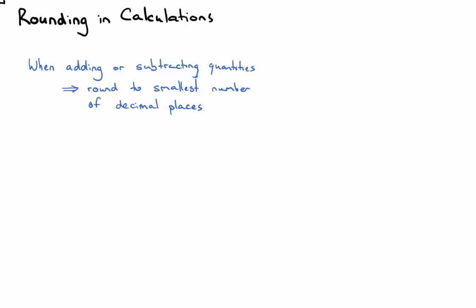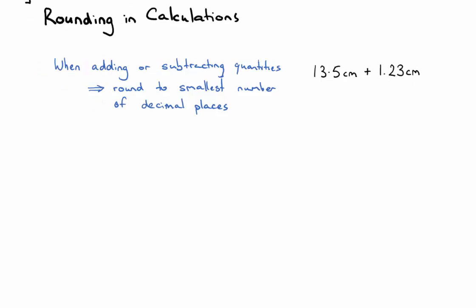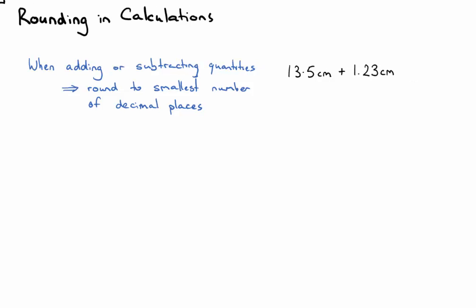So an example of this is, just say we were adding 13.5 centimetres to 1.23 centimetres. Well, the answer that you might calculate first off would be 14.73 centimetres.